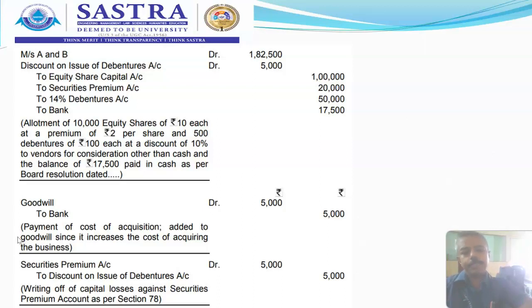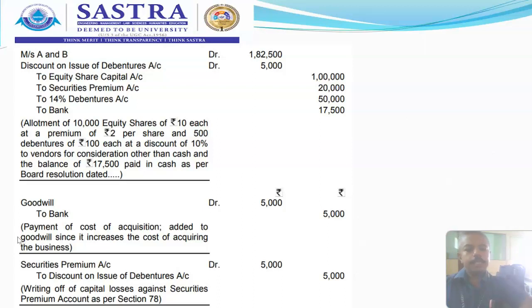So likewise, we need to write the narration in detail for this journal particularly, so that even if we refer in future, we will understand that narration is a part of our reference point. So narration becomes a reference point. So we can come to know why that discount on issue of debenture has come, why that securities premium account has come.